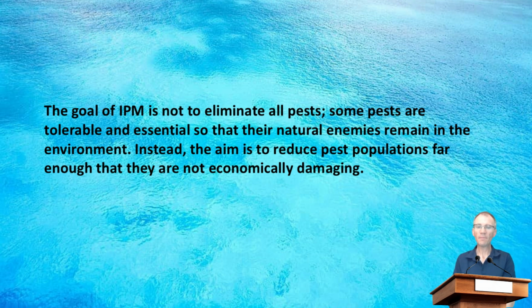The goal of IPM is not to eliminate all pests. Some pests are tolerable and essential, so their natural enemies remain in the environment. Instead, the aim is to reduce pest populations far enough that they are not economically damaging.